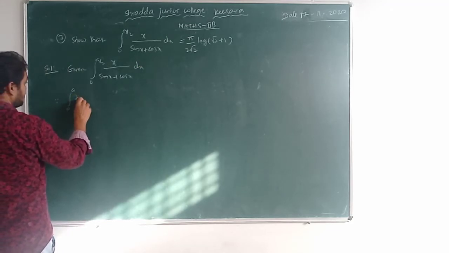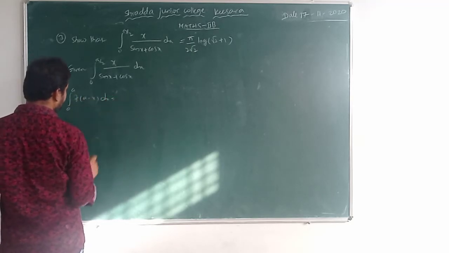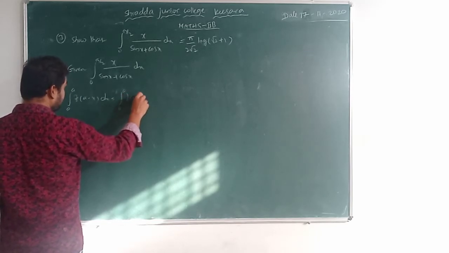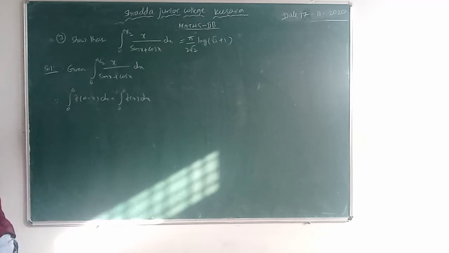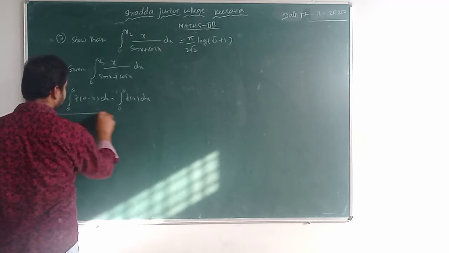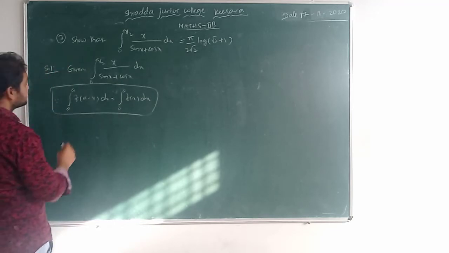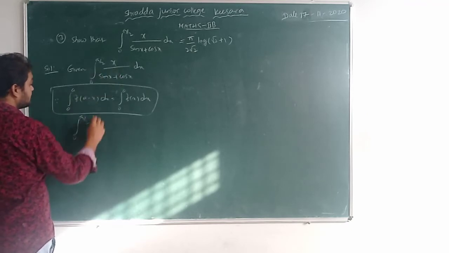Integration 0 to a of f of (a minus x) dx is equal to integration 0 to a of f of x dx. Apply this formula here. Now integration 0 to pi by 2 of x means what?